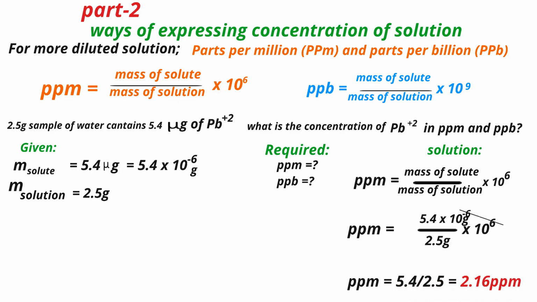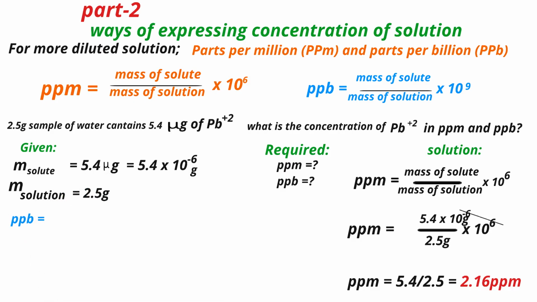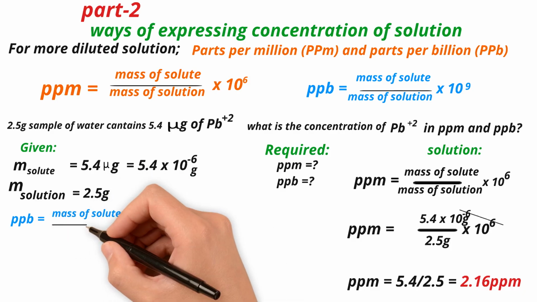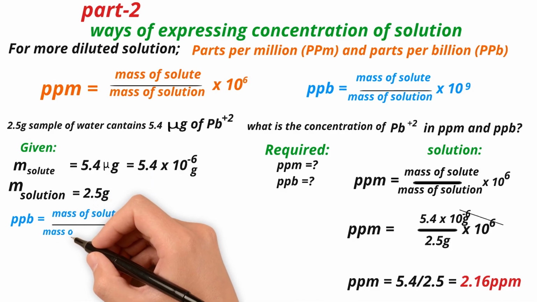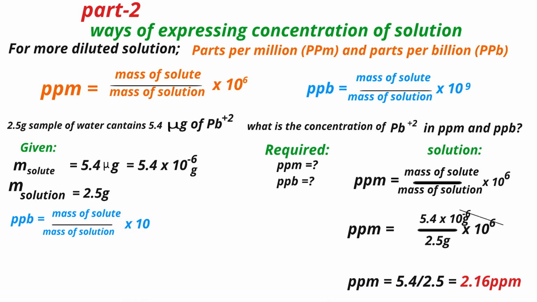Now let us come to parts per billion. Parts per billion is equal to mass of solute over mass of solution into 10 to the power of 9. Here both quantities are given, mass of solute and mass of solution.